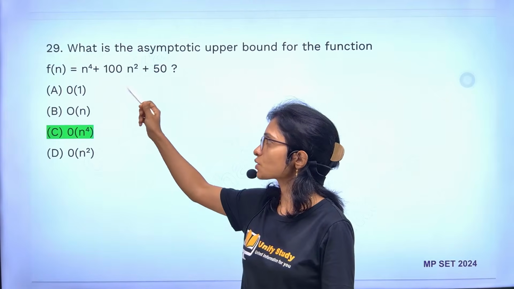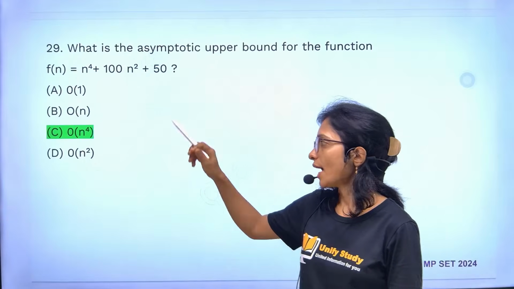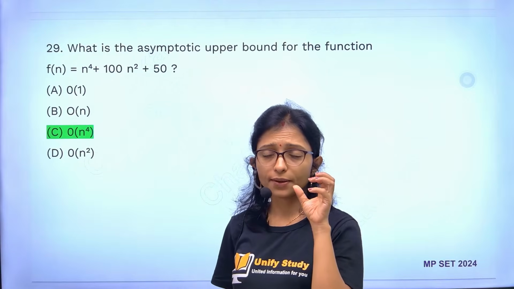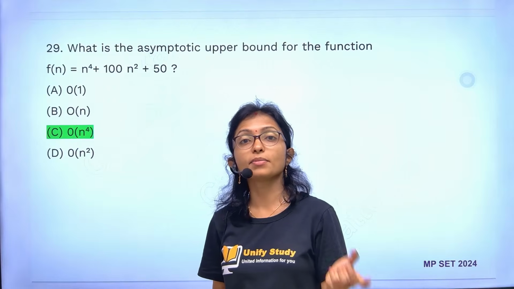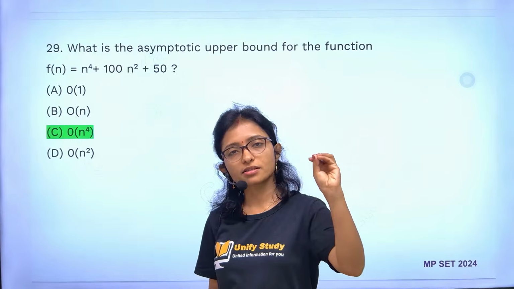If they are giving an expression like that, then they will ask you the maximum time required, and this is your upper bound. The lower bound of a program or an algorithm is the minimum time required to execute it.